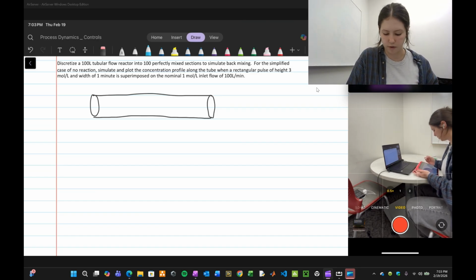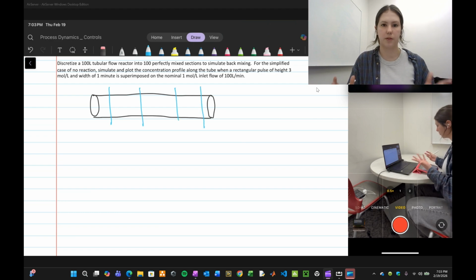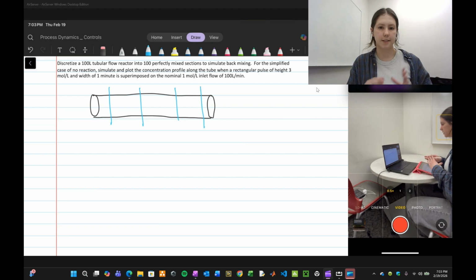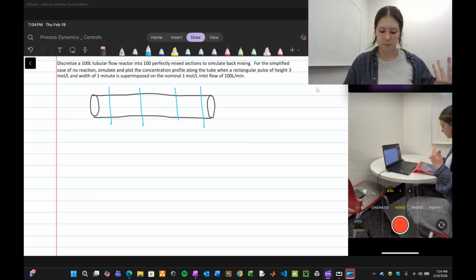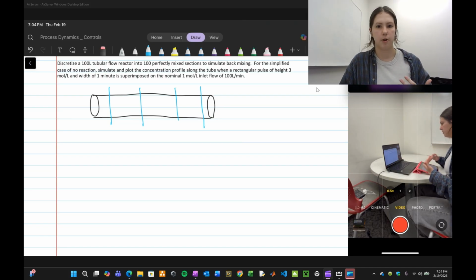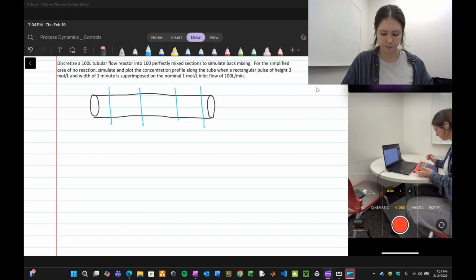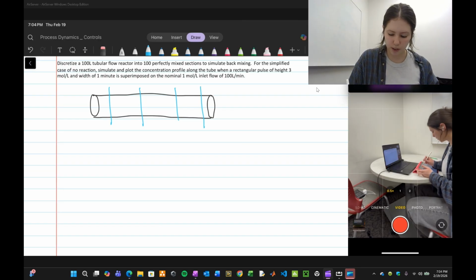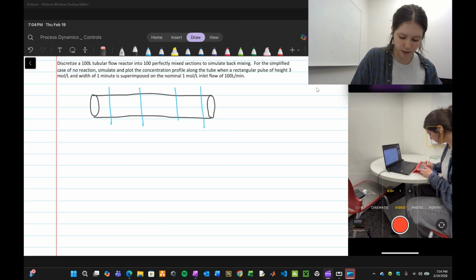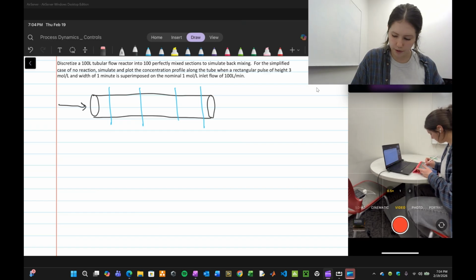I'm just going to draw a few here, but we know we'll have more, and they're going to be of equal size, equal volume. Everything about them will be the same physically, except for the concentrations at certain times. And we're going to be inserting a pulse here of 3 moles per liter.